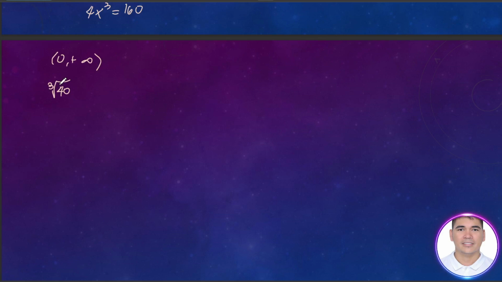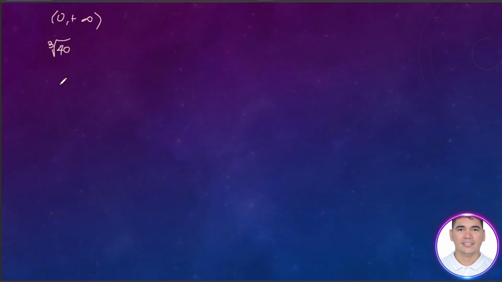So first, we need to make a table. So first is we have subintervals and critical numbers.